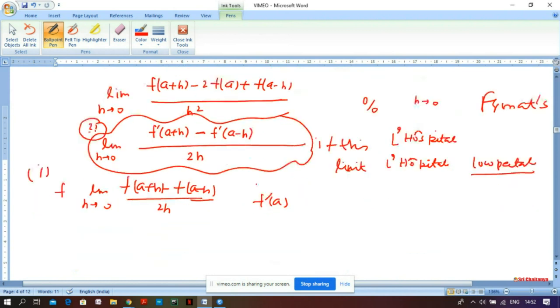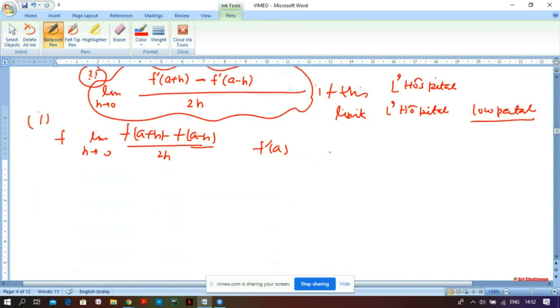We apply the same thing, just choose your g(x) as f prime x. So write this limit as the limit as h tends to 0 of g of a plus h minus g of a minus h over 2h. And now we know that this g is differentiable because f is given to be twice differentiable at a.